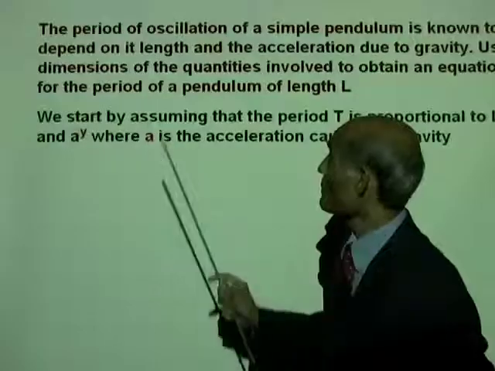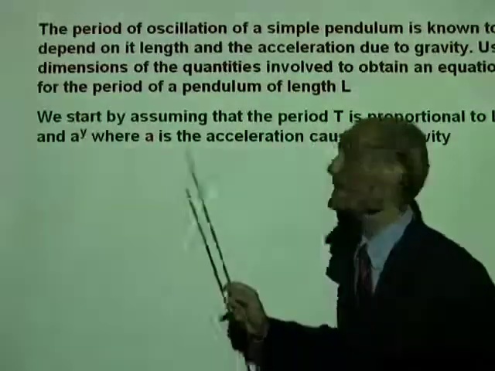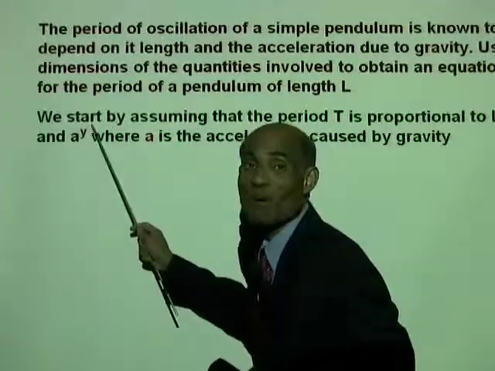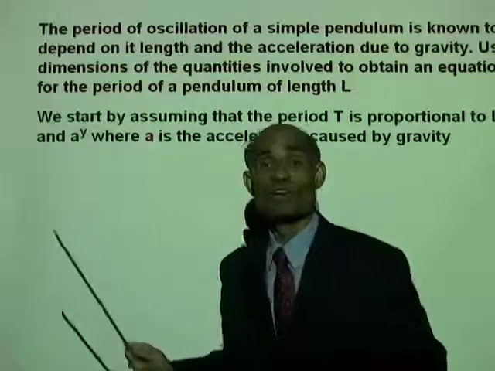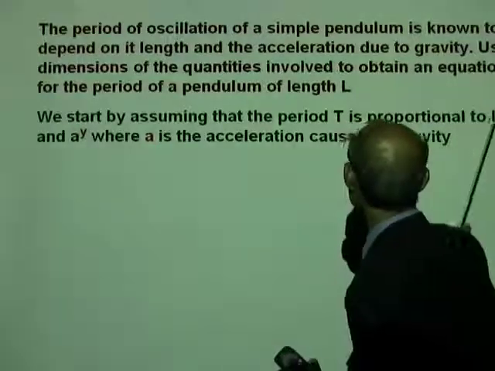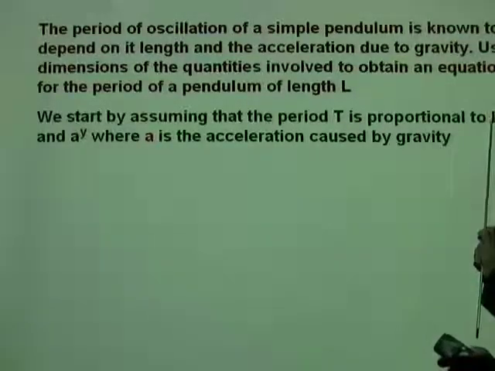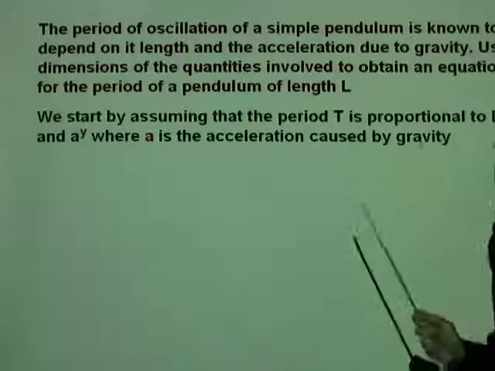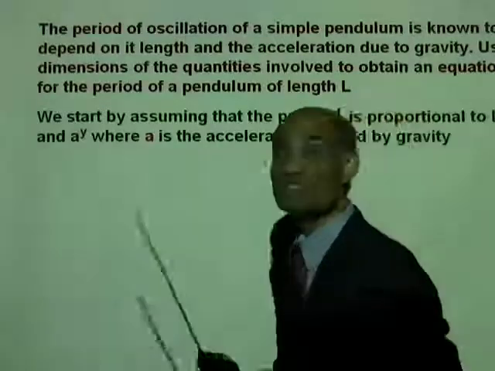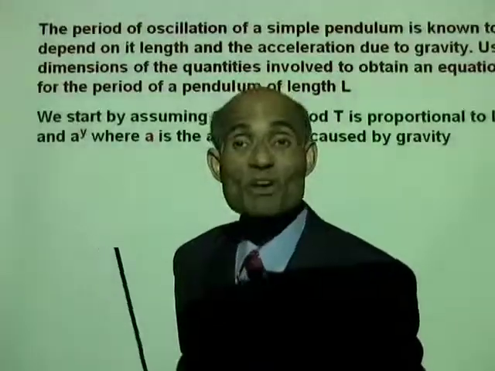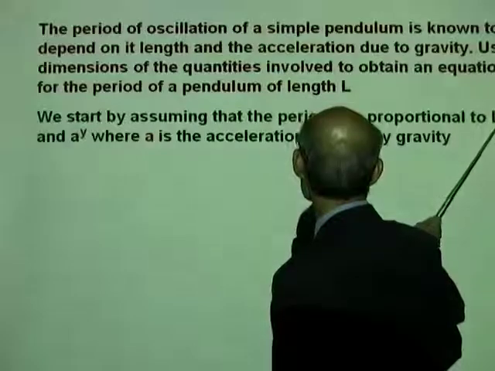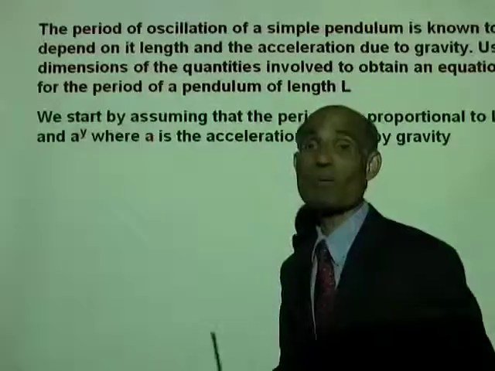So, we will start by assuming that the period t is proportional to a to the power of y. What does a stand for? The acceleration caused by gravity. And also proportional to L to the power of x. What does L stand for? The length of the pendulum. So, we start by assuming that the period of a pendulum is proportional to L to the power of x and a to the power of y.